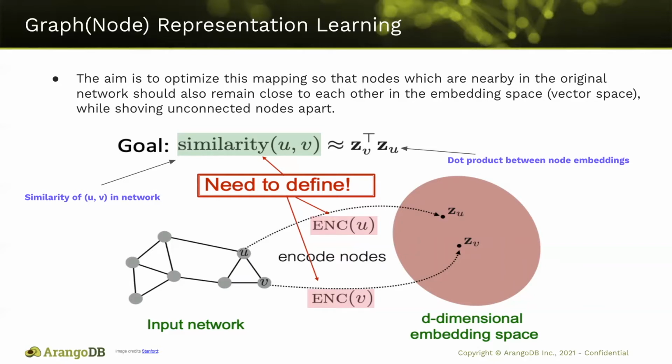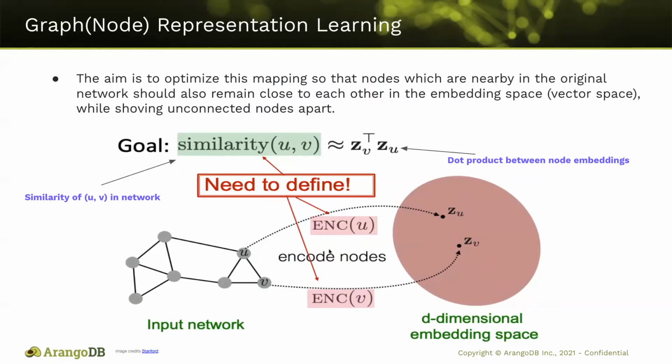So the key idea behind graph representation learning is to learn a mapping function that embeds nodes or entire subgraphs as points in a low-dimensional vector space, also known as the embedding space.